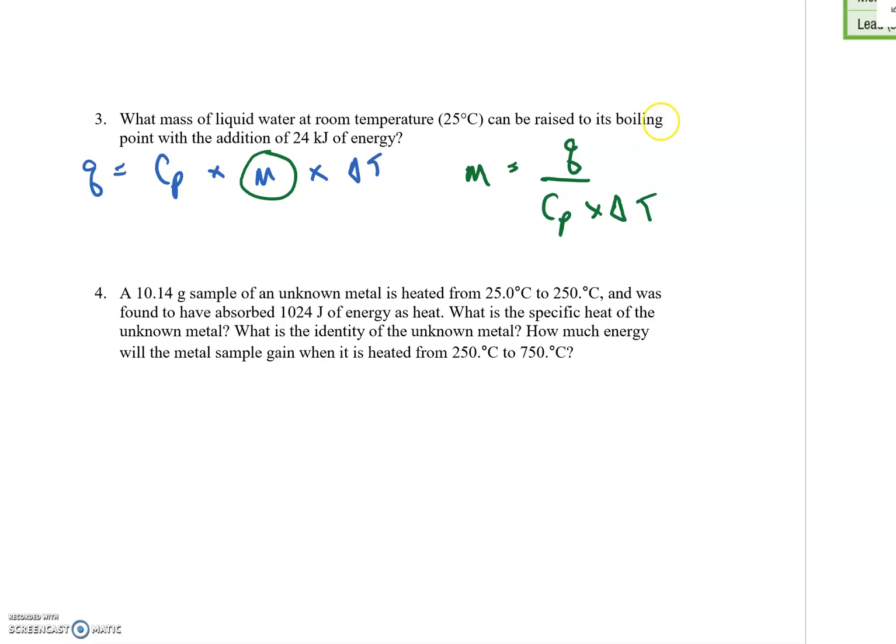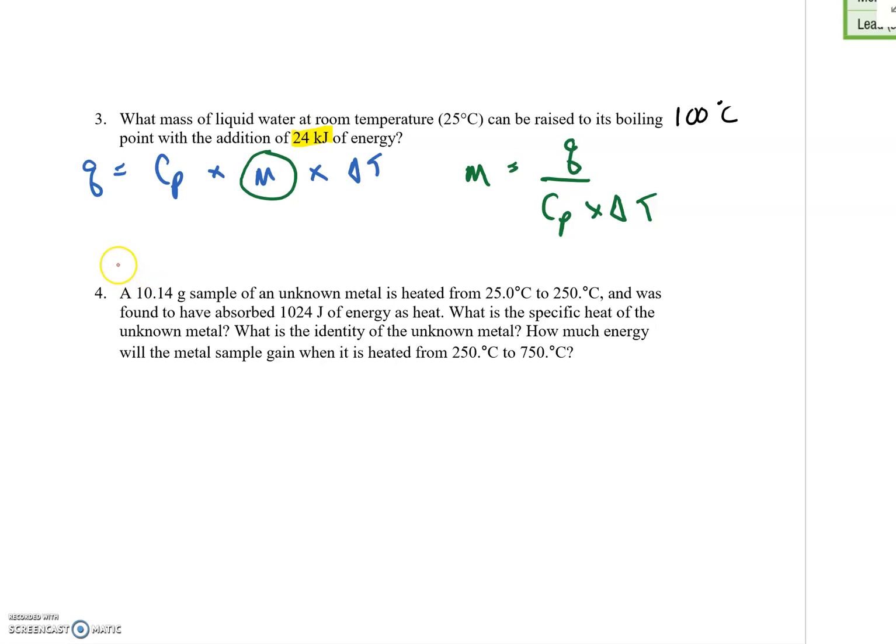Two things to be careful for. Boiling point of water, 100 degrees Celsius. And let's also remember that energy is in joules. So this 24 kilojoules of energy, we're going to want to get that into joules. Easy enough, we're just going to multiply by 1,000.